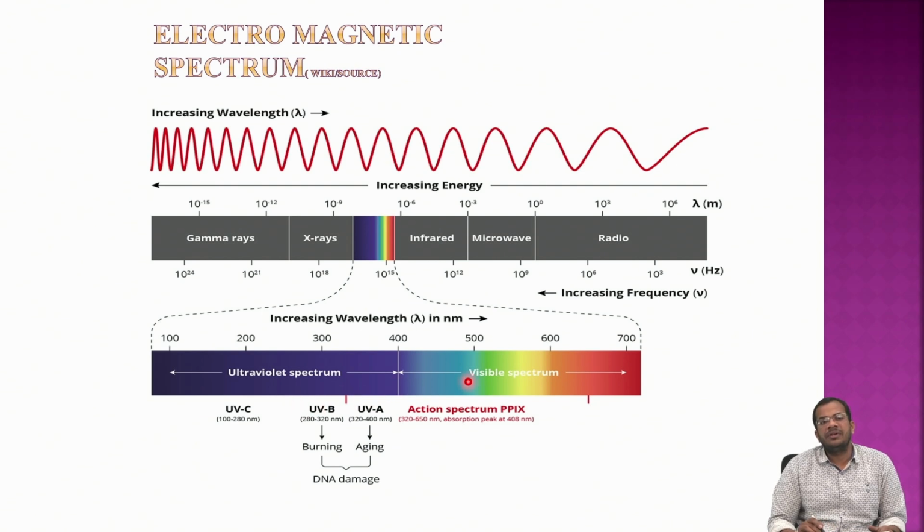Wavelengths greater than 760 nanometers are called infrared, and in the infrared you have near infrared and far infrared. Next to the infrared radiations you have microwaves, then radio waves, then alpha, beta, whereas lesser than UV you have X-rays, gamma rays, etc. So this complete spectrum is called the electromagnetic spectrum.